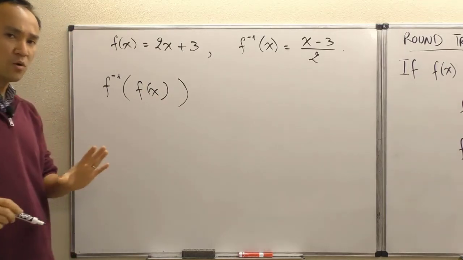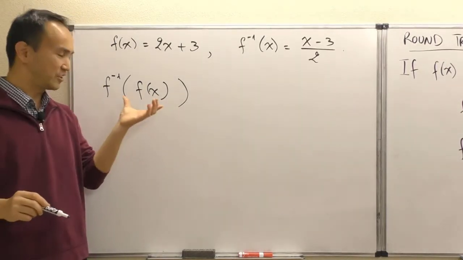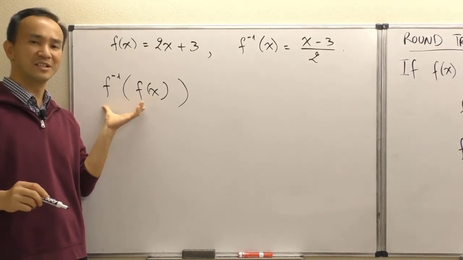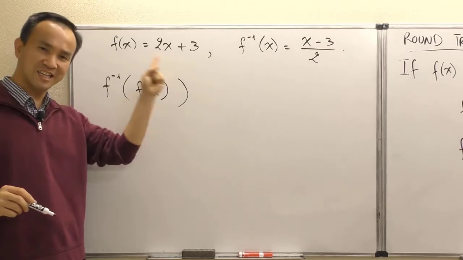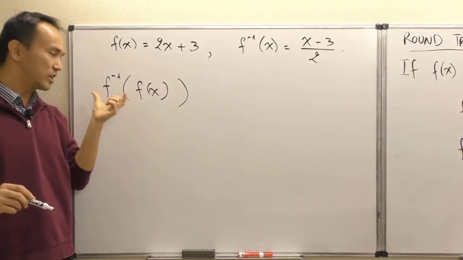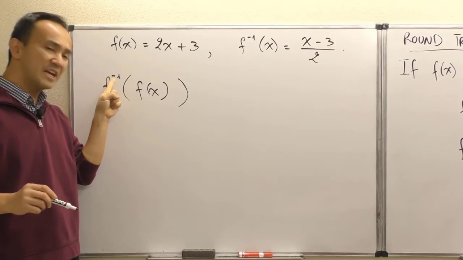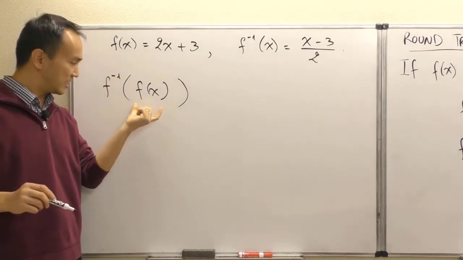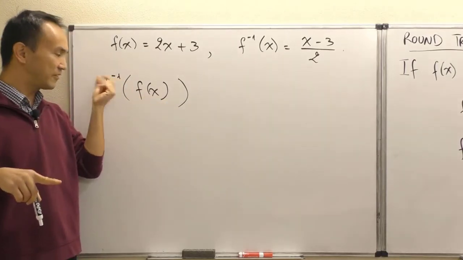For anyone who has already learned about composition of functions, you should be familiar with this way of setting up. We're putting one function inside another function. So in other words, according to the order, f inverse here is the outer function, and then f of x is going inside as the input of f inverse.